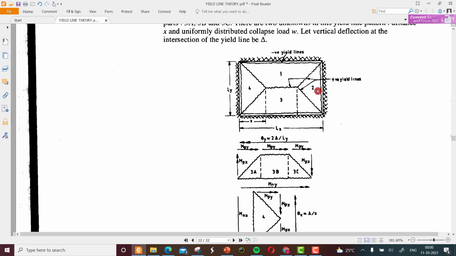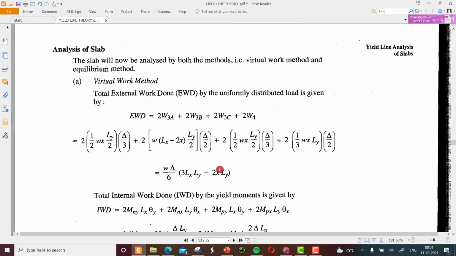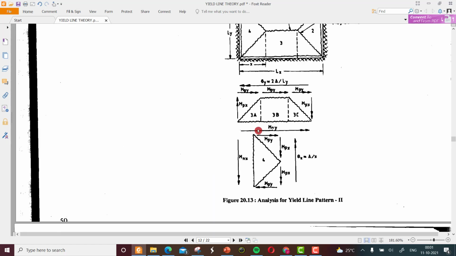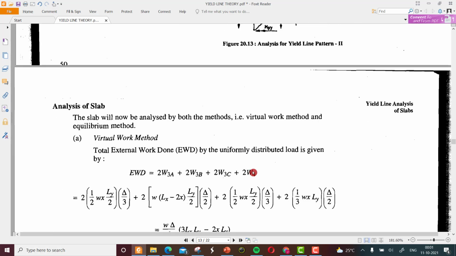So we are deducting from Lx to get the width of this rectangle. So total Lx minus 2x into Ly by 2 will give you the area of the 3B, shown here in delta by 2, as it is a rectangle with centroid at the half point.